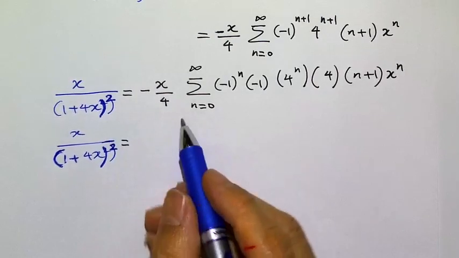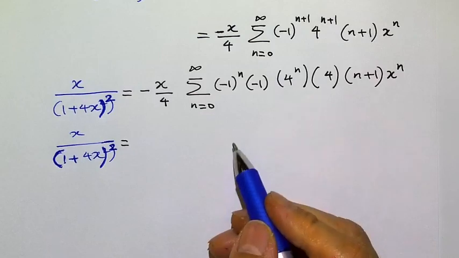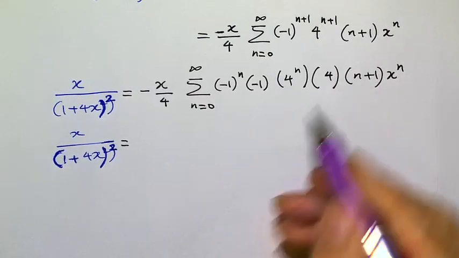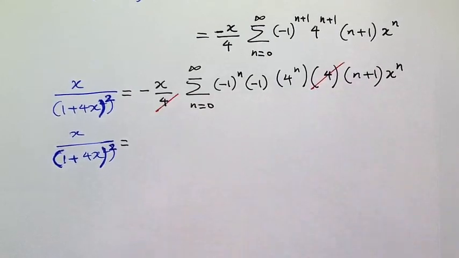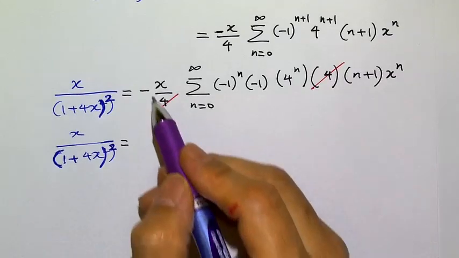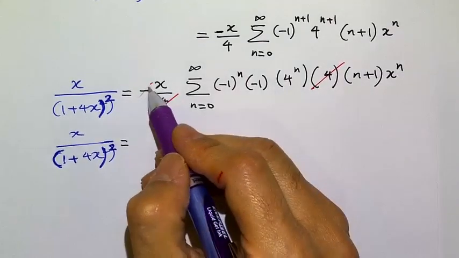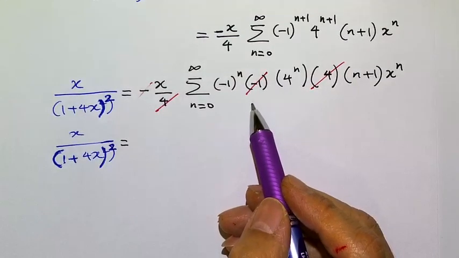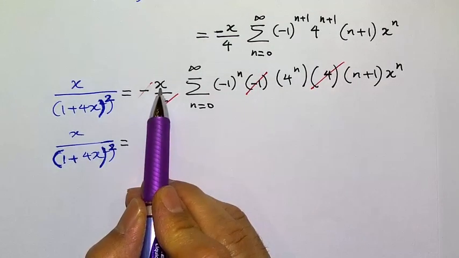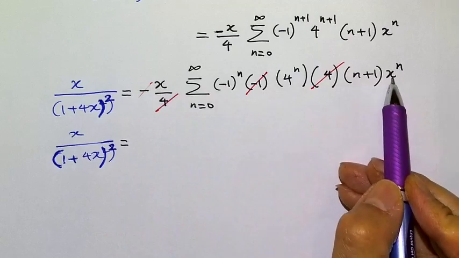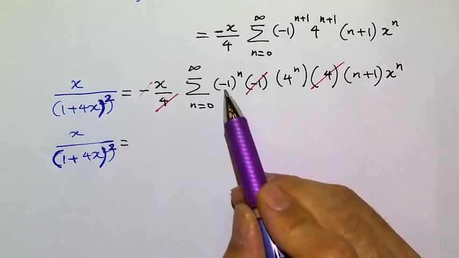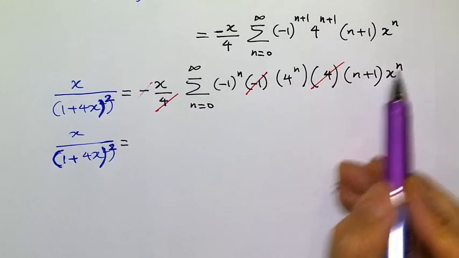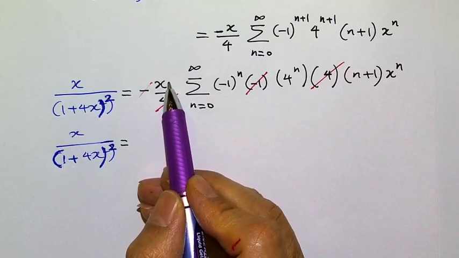And so then on the other side, we have this 4. Notice that this 4 and this 4 cancel out. This minus and this minus cancel out. They become positive. And we have an x here and an x to the n power here. So when we combine them, we get x to the n plus 1 power, right?